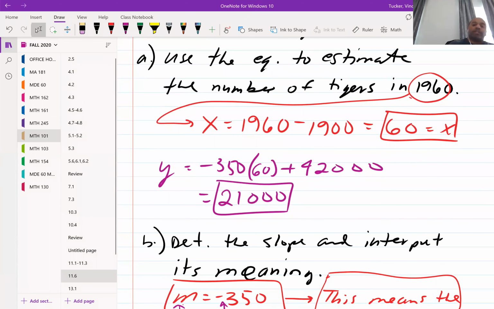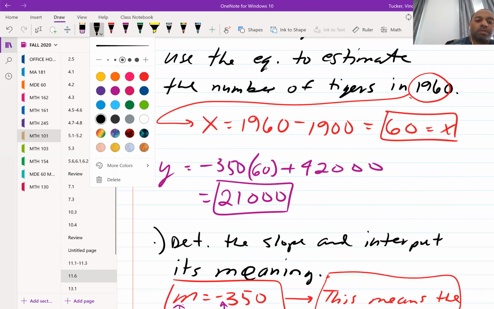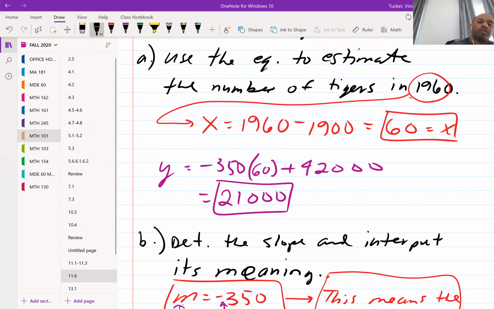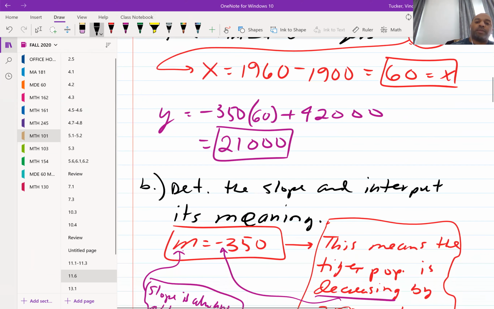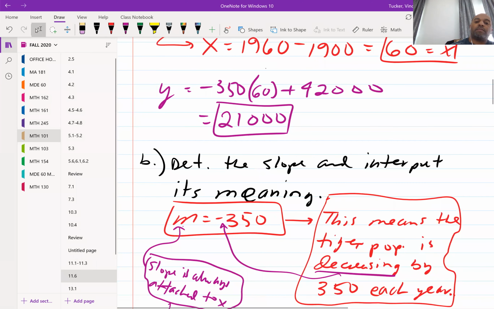All right, B says determine the slope and intercept and its meaning. So we know when our equation is solved for y, the number that's in front of x is our slope.